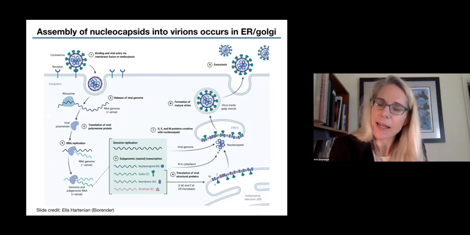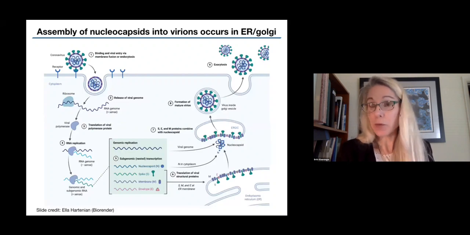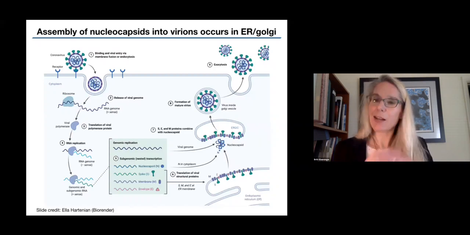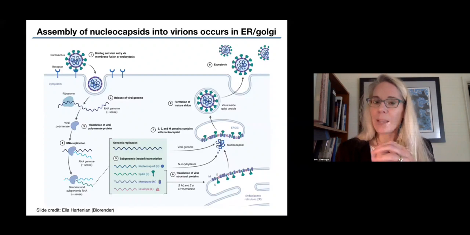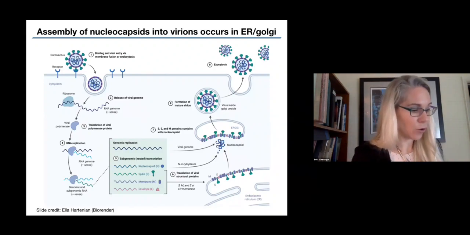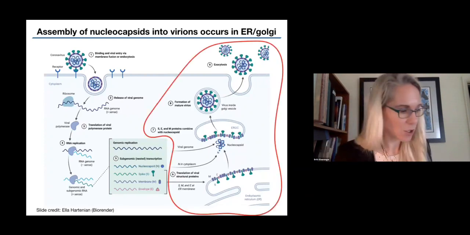The RNAs that are made, the genomes, somehow have to get transferred, we don't know how, from these replication double membrane vesicles to elsewhere in the cytoplasm where they can be complexed with the nucleocapsid protein, because that interaction between the viral RNA and the nucleocapsid protein, which also binds leader sequence, by the way, helps direct that viral nucleoprotein particle to interact with the matrix protein, which is studded in this ER-Golgi intermediate component, or the ER-GIC, that I'm showing here in the center.